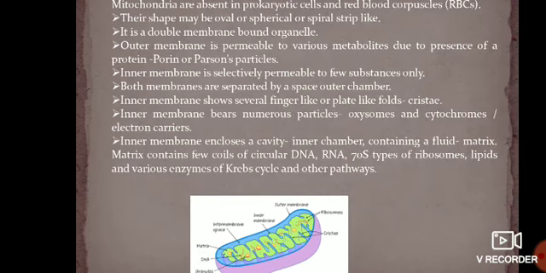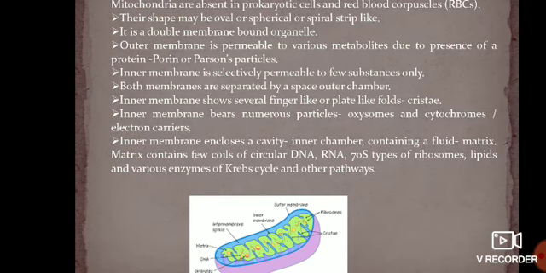Here the outer membrane is permeable to various metabolites due to the presence of porin channels which will allow the entry and exit of the metabolites. But the inner membrane is selectively permeable and will allow only few substances to enter and exit.